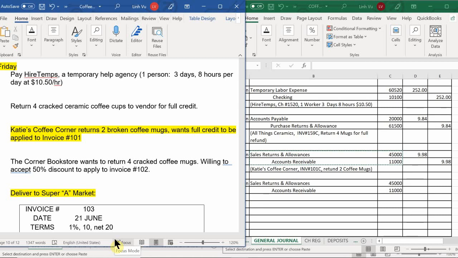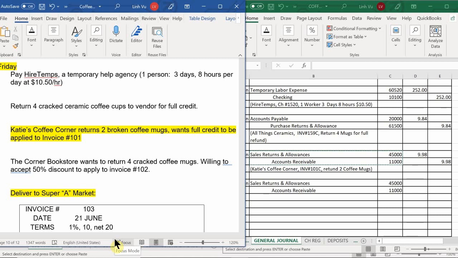So are they getting a full refund? He doesn't get a... let me see how we see that.